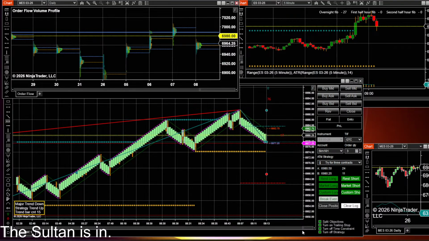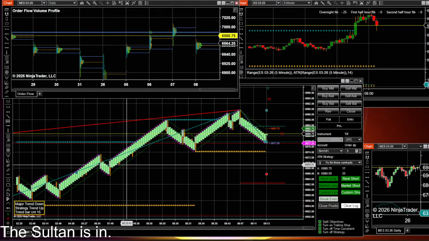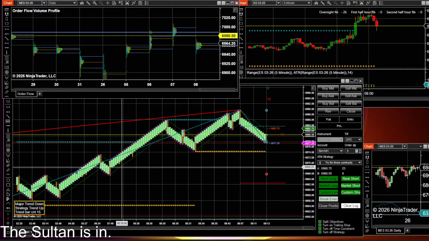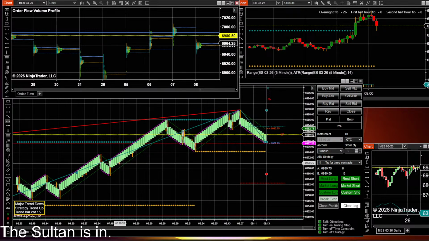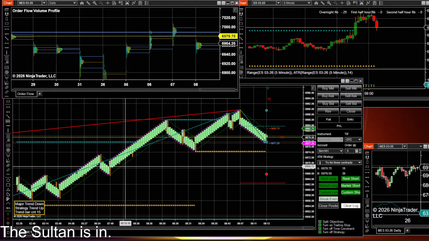And that's an early entry for a move to the upside. But I personally wait for a pullback, which this here is what I'd be looking for. A little wick that comes down. I don't care about the size too much, although I do measure the veracity of such a thing.